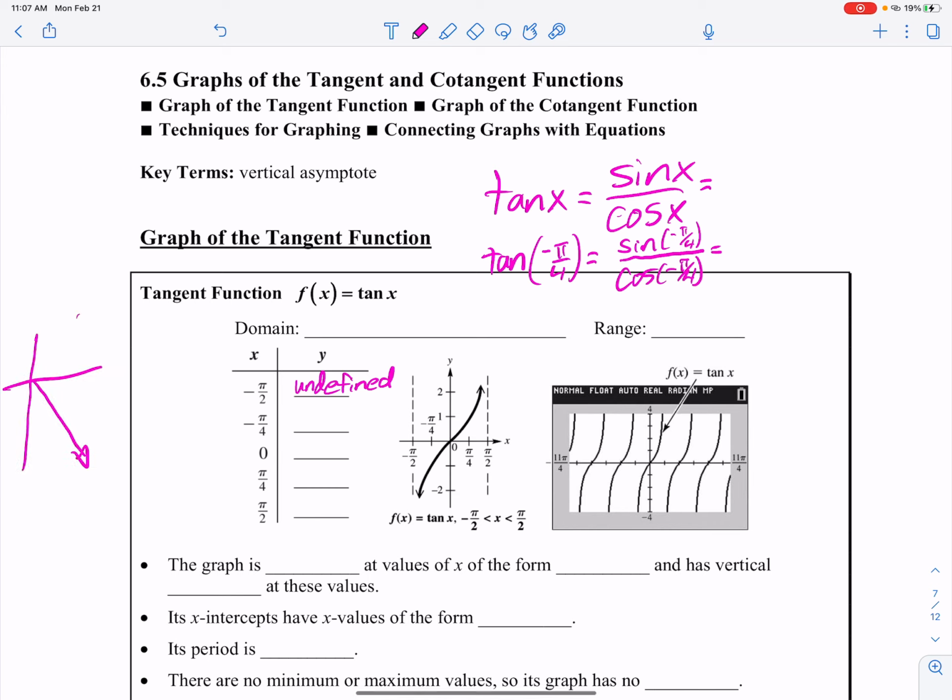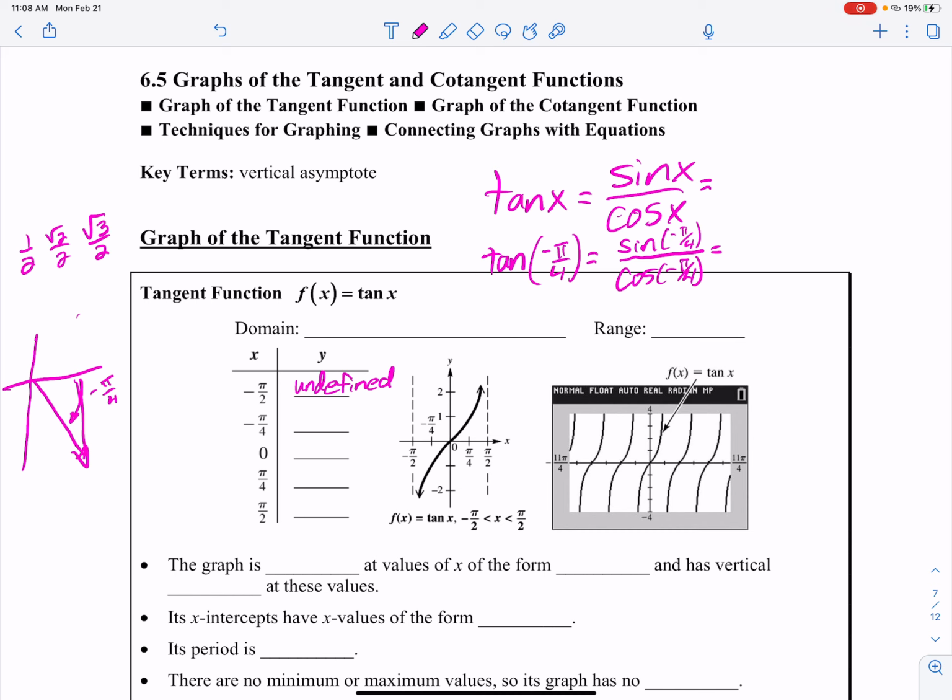Goes down this way. All right, that's negative pi over 4. And then for me, what I think about are the triangles, right? Is it a short triangle, a middle triangle, or a tall triangle? It's right in the middle, right? Middle of a triangle. I have my 3 values. Remember, they're 1 over 2, square root of 2 over 2, and the square root of 3 over 2. I have those 3 values.